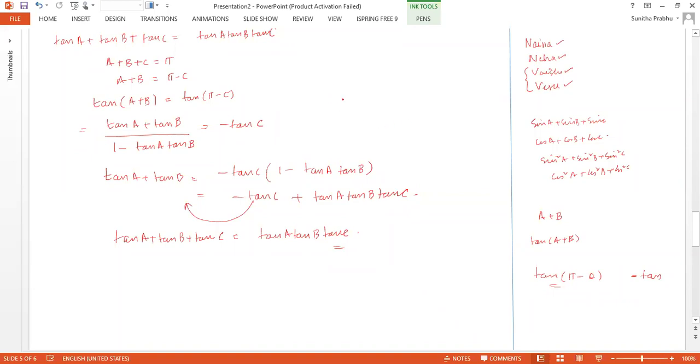Any questions around this, guys? Easy, no? This is very simple. The moment you know you have to take tan on both sides, your answer is in front of you.